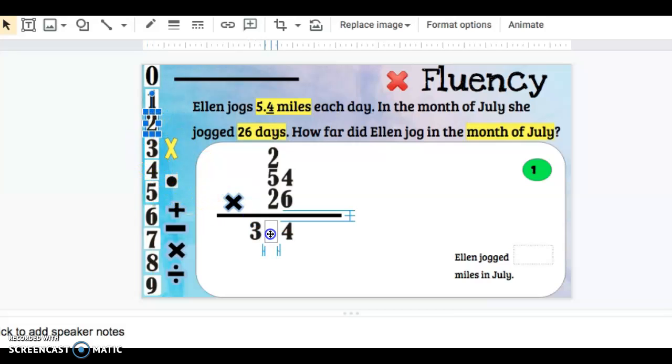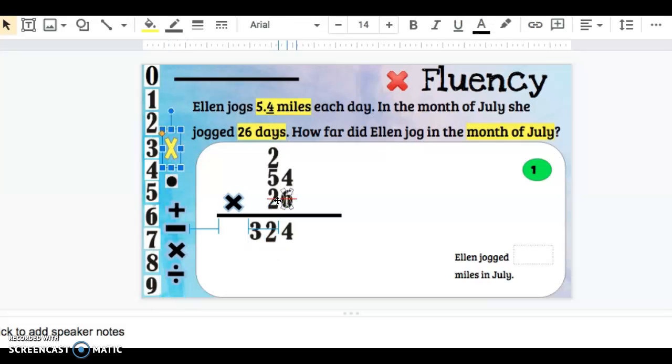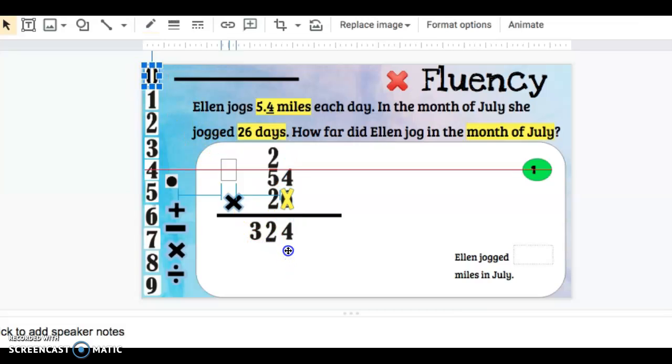And now that I have 32 there, that 6 is no longer being multiplied. So I'm going to drag my X, because another number means we are going to have another row, and another row means we have to add a 0. I add a 0 below because I have to stay in line with my place value, the tens place value where the 2 is.